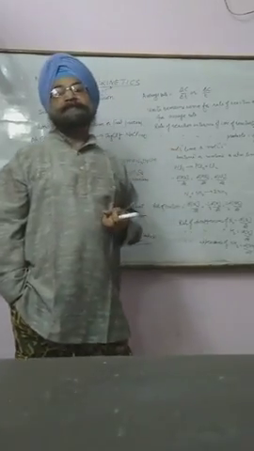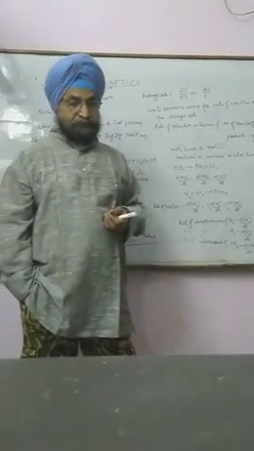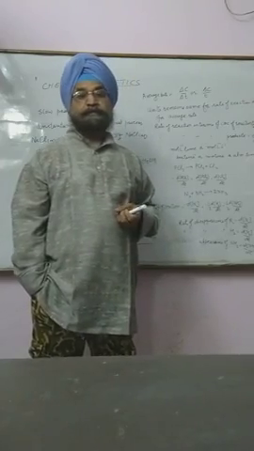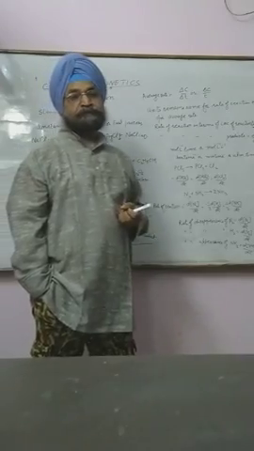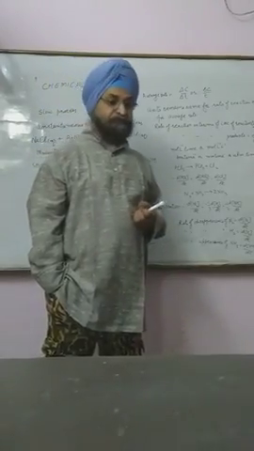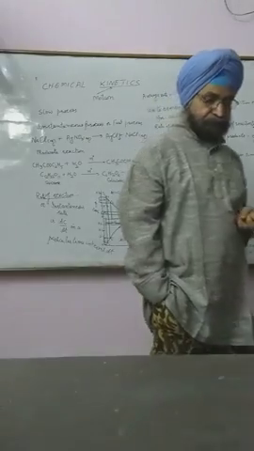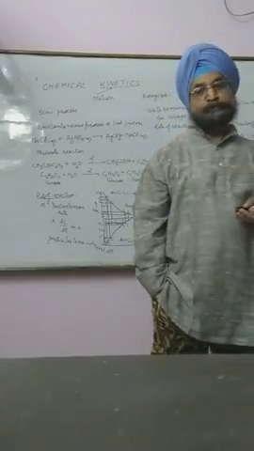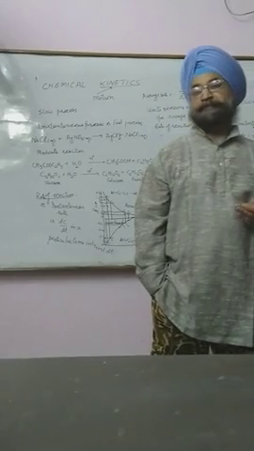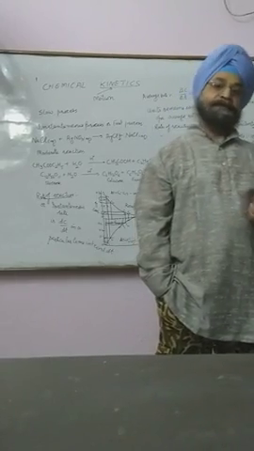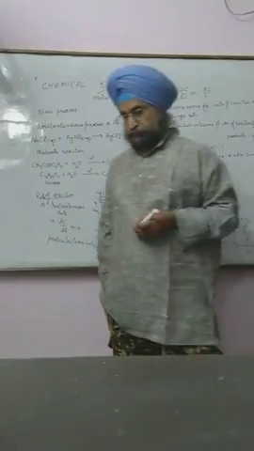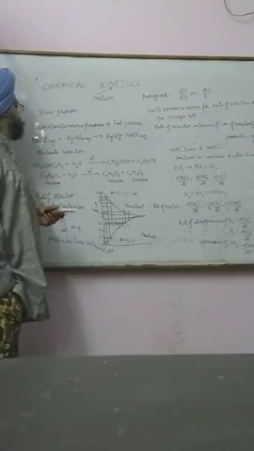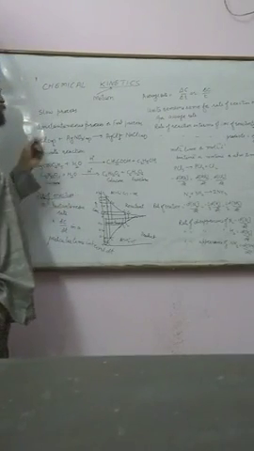The process takes place in less than 10⁻⁶ seconds, and a normal watch cannot give the information about this. Only special techniques, like flash photolysis and laser techniques, are used to study these reactions.